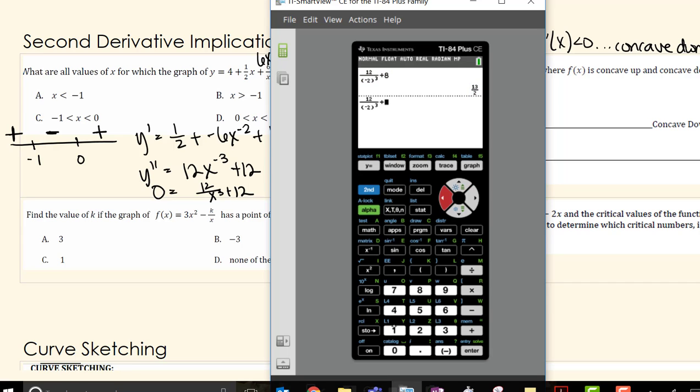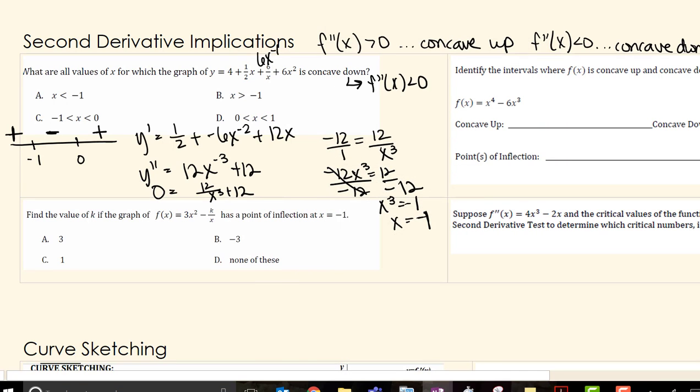I messed up here, plus 12. Also, if I put in that value that's between negative 1 and 0, let's call it negative 0.8, that's still going to give us a negative value. This means that we are concave down from negative 1 to 0, which is answer choice C.